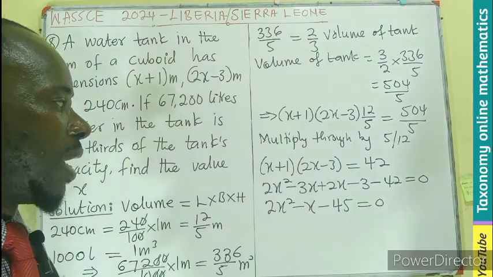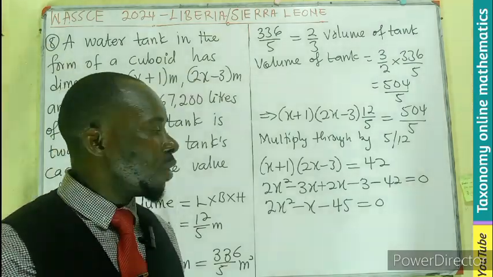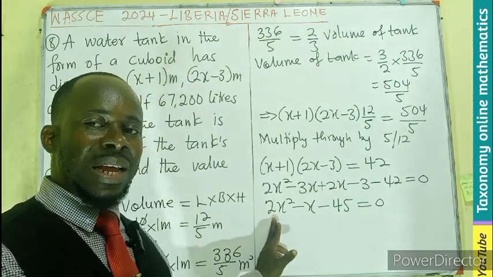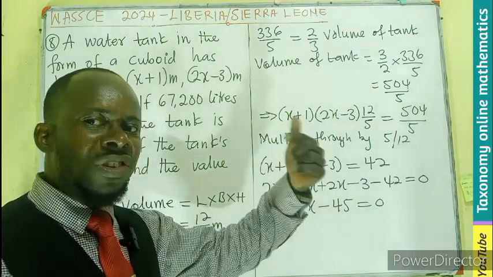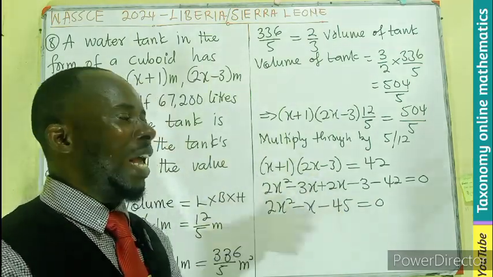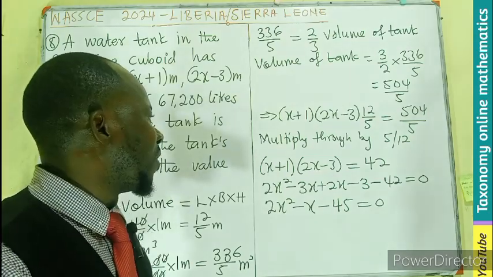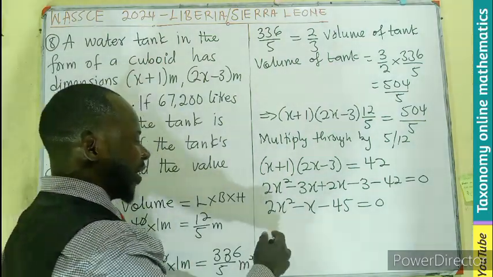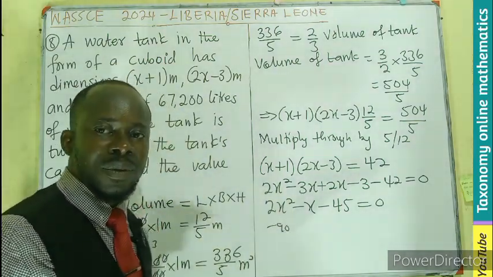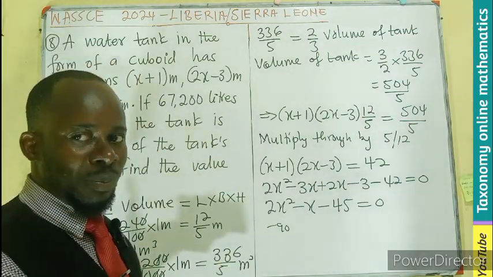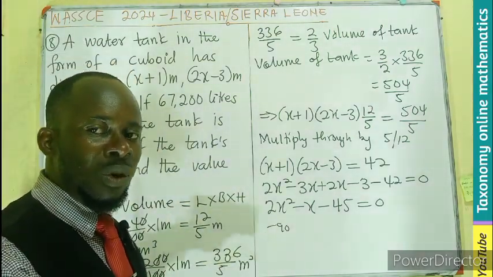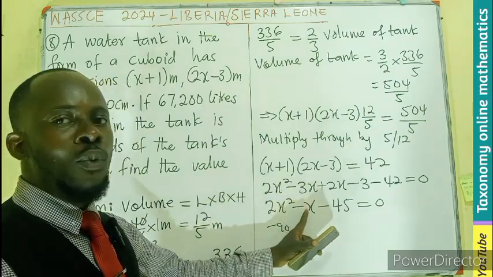So this becomes a quadratic equation, where we can use the coefficient of the x squared to multiply the constant term, 2 times negative 45, and that'll be giving us negative 90. So we'll be looking out for factors of negative 90. When you multiply, you get negative 90. When you add, you get negative 1.